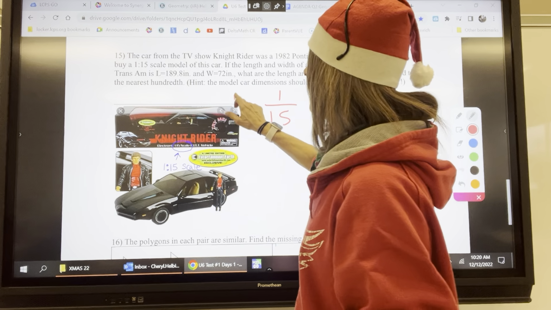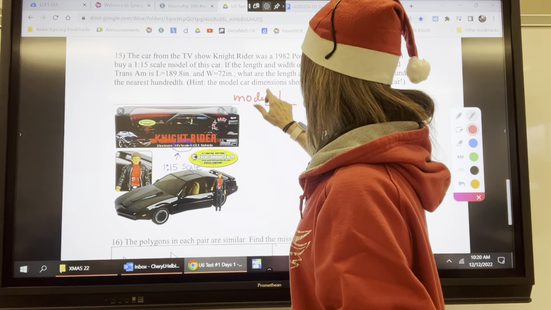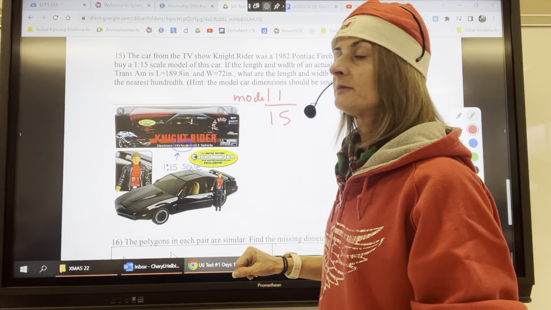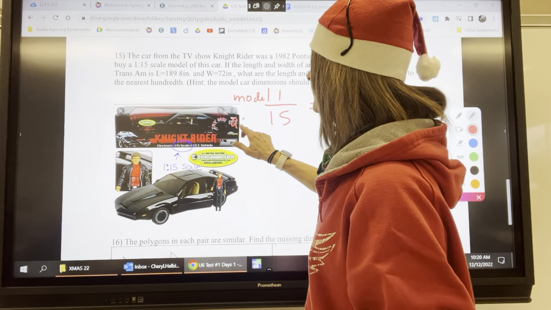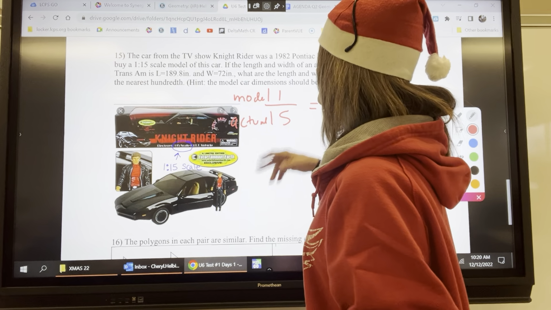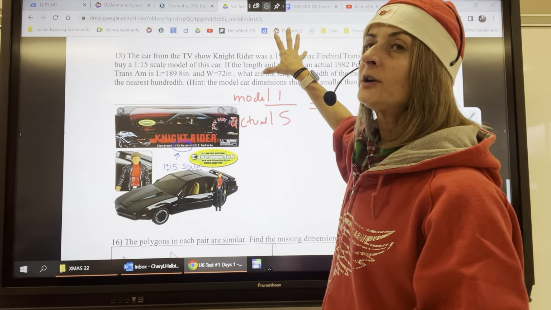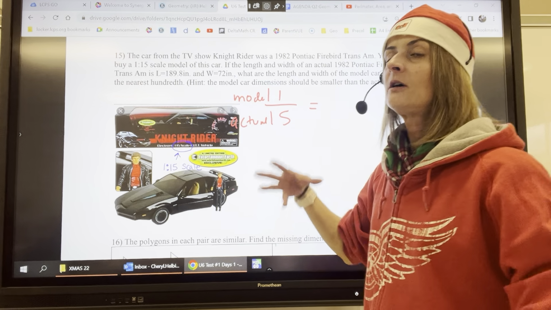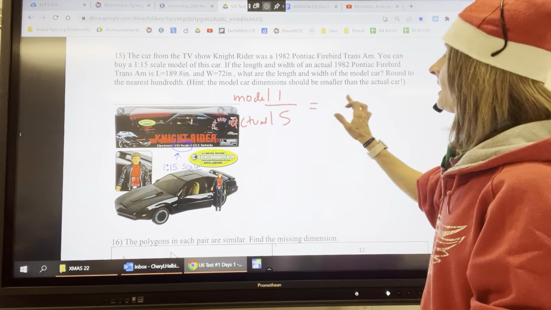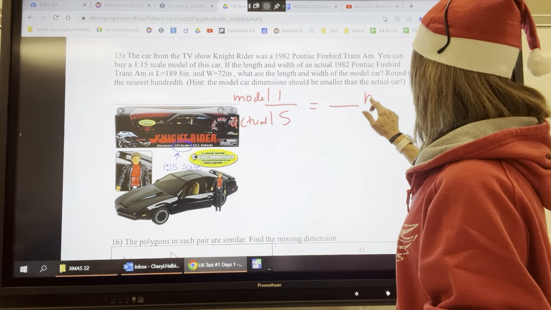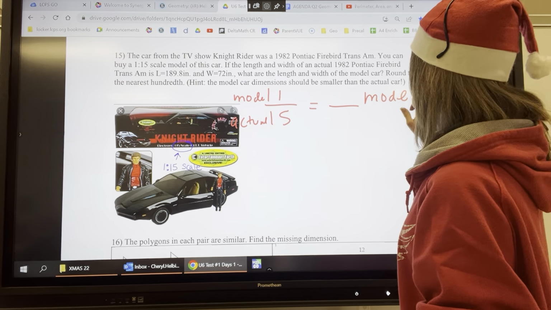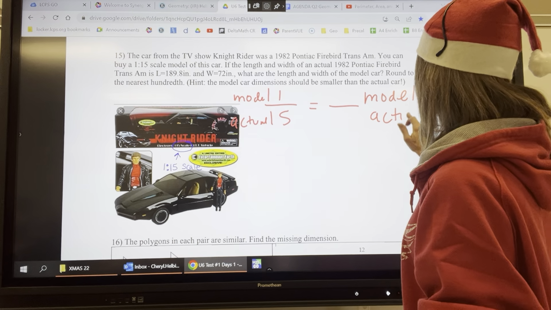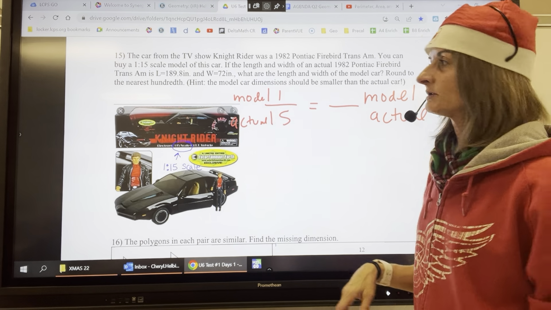So I'm going to write model here, just to remind myself that the numerator is model, and then actual down here. Now, since I put the model in the numerator and the actual in the denominator on the left, then I just have to do the same on the right. I have to put the model information up here and the actual down here, just because that's what I chose.